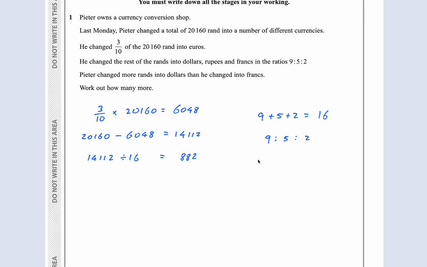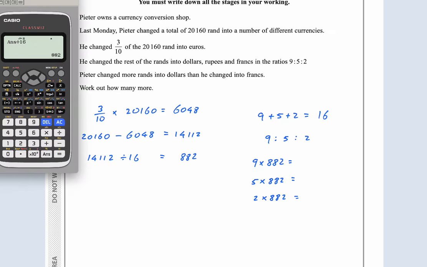So to find how many dollars, I do 9 times 882. This is how many dollars. Rupees, I do 5 times 882. And francs, I do 2 times 882. Okay, let's do these 3.